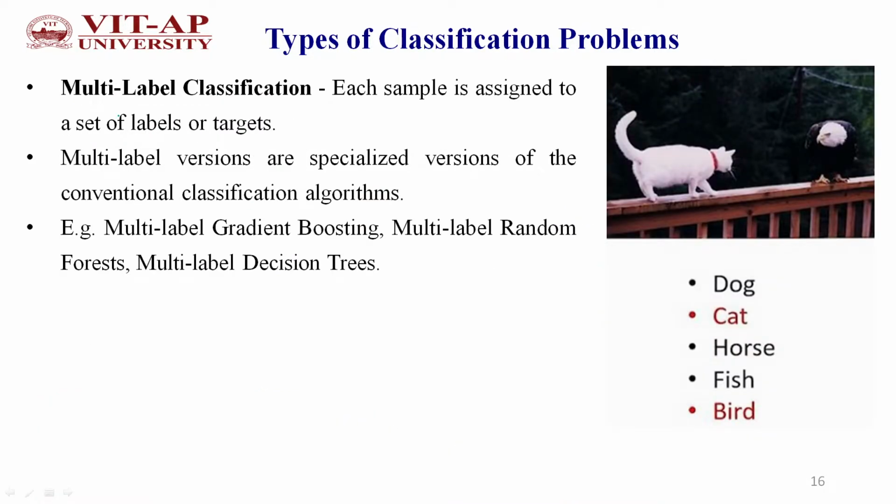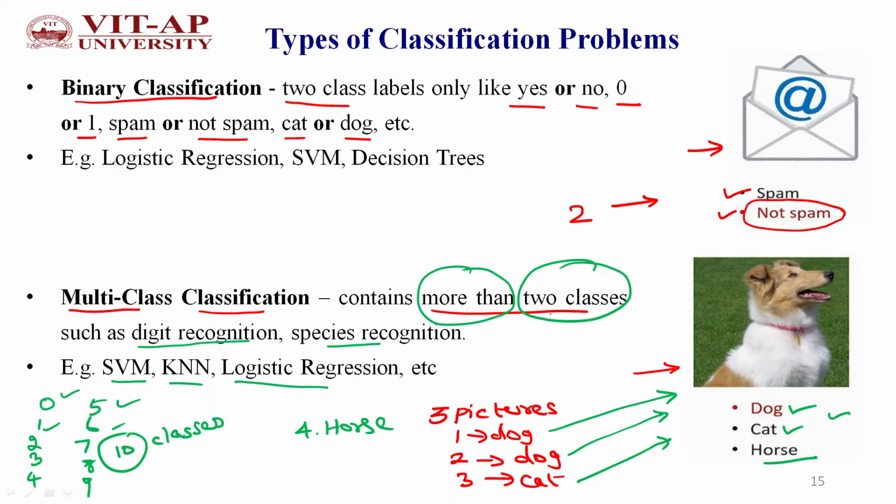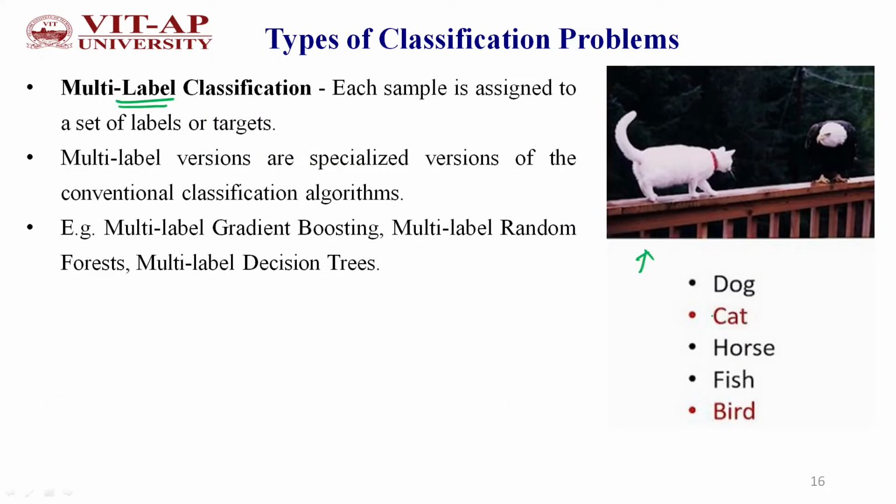The third classification type is multi-label classification. Look at this figure, this picture has multiple objects. In the previous case, we had only one object, which was classified into a particular class. Here there are multiple objects in the picture, so it labels this object as cat, and this object as bird.